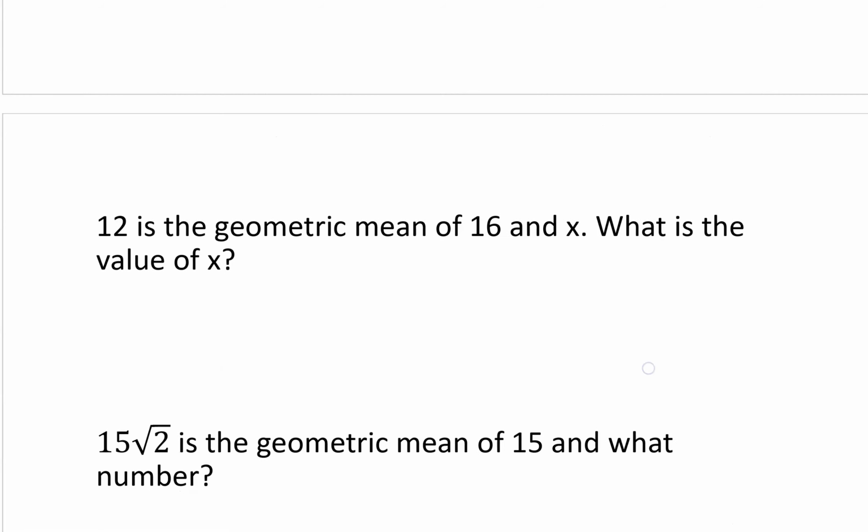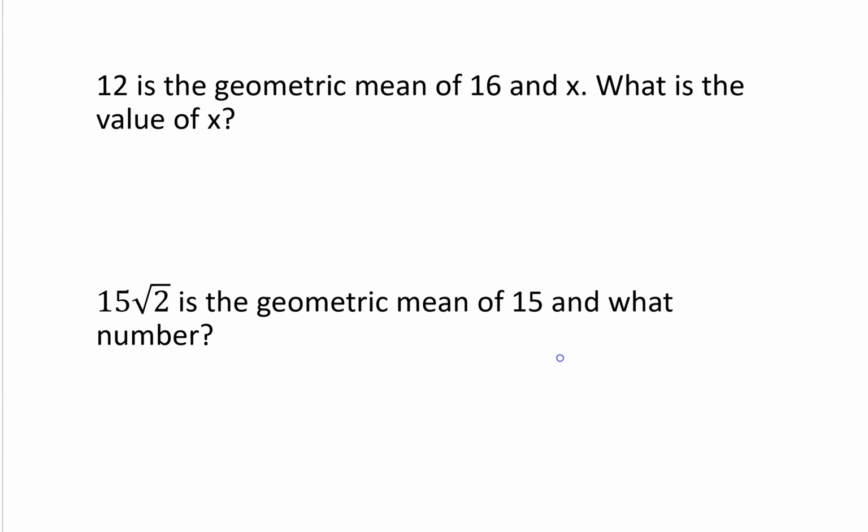Now, sometimes the problem looks like this. They give you the geometric mean. So 12 is the geometric mean of 16 and x. So let's go back to one way to set up a geometric mean: the geometric mean is always going to be listed at the bottom of the fraction and the top.